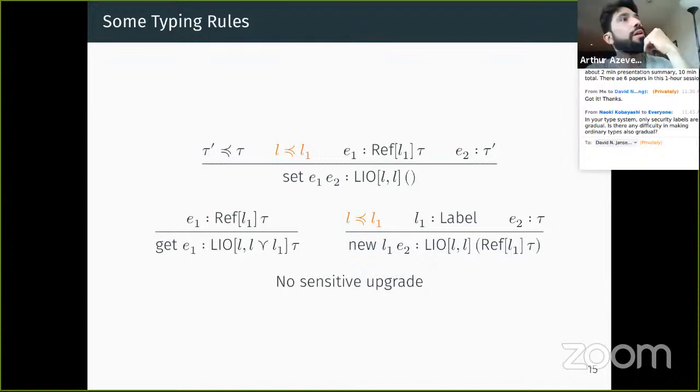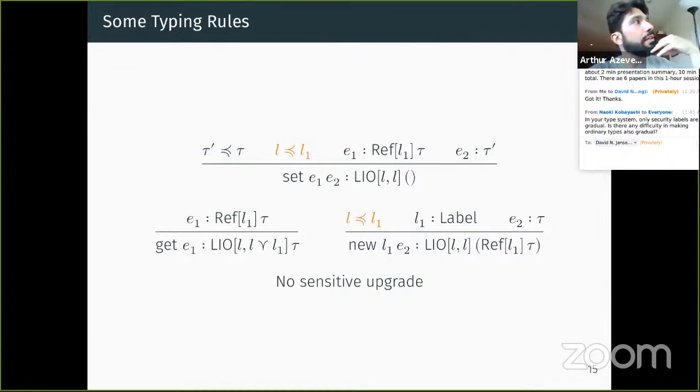Yes, I understand the question. I believe there wouldn't be any difficulties. The reason we chose this design is that, in the gradual typing literature, there's one feature of the type system that people choose to focus on when trying to make it gradual, and they leave everything else static, right? So what's dynamically typed is, in a sense, up for grabs.